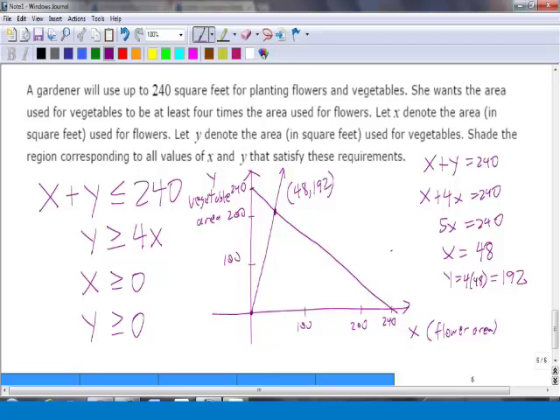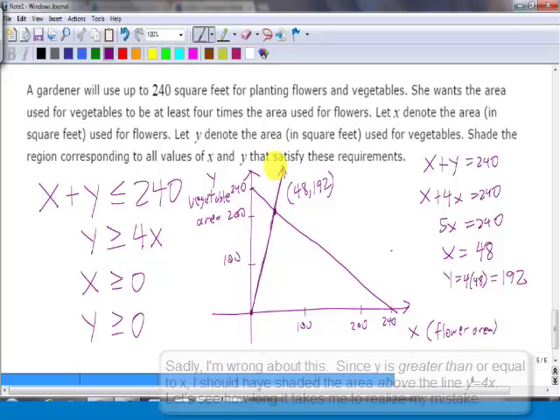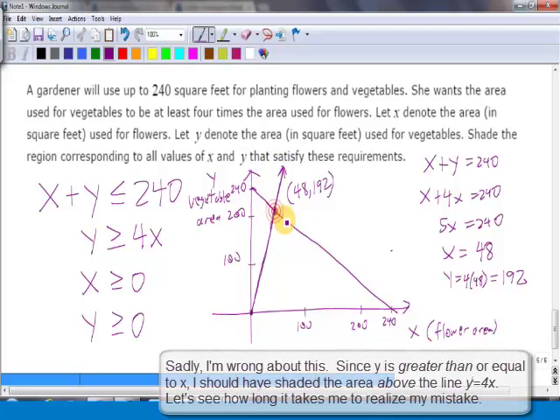Y greater than or equal to 0 means it's going to be above the x-axis. So we just want to make sure we stay in the first quadrant. What side of the y equals 4x line are we going to shade? Below, right? Below that, and also below this one.